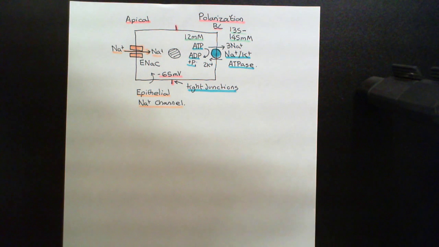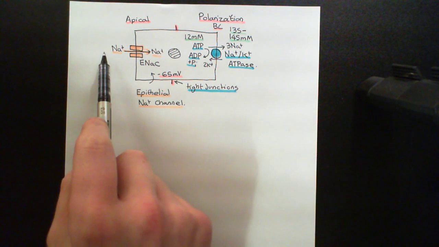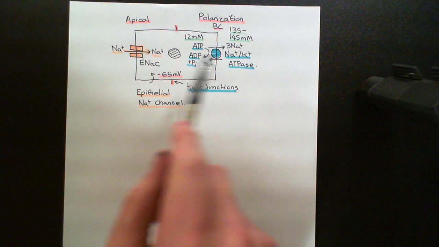Positive charge adds positiveness to the electrical potential in an area. If you stick a positively charged ion somewhere, that raises the electrical potential there. So taking away a positive ion from somewhere is going to decrease the electrical potential there. So we're overall going to create an electrical potential difference between the apical extracellular fluid and the basolateral extracellular fluid.